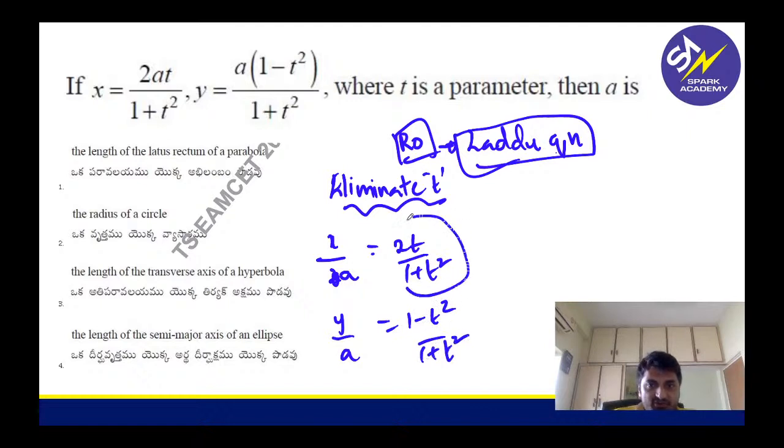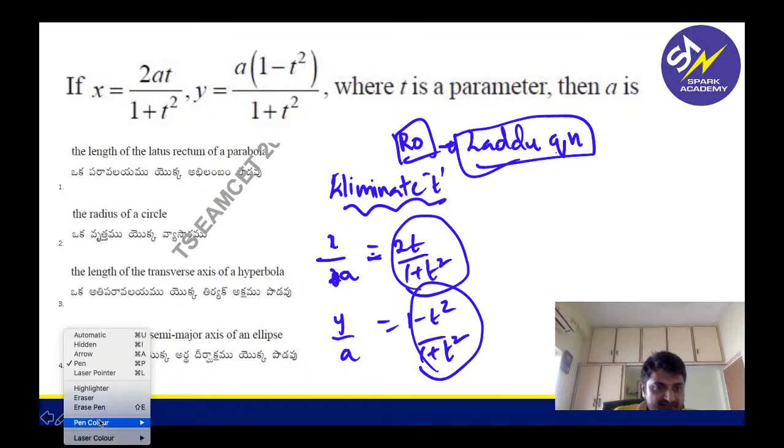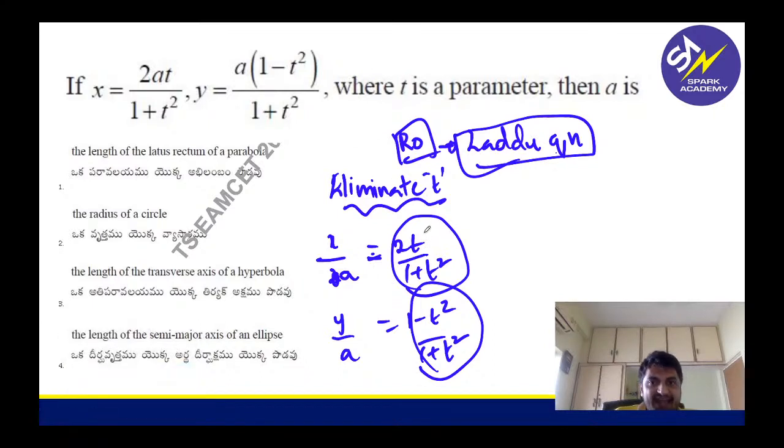Now, isn't this looking like some trigonometry formula for you? Which formula is that? If I take t as tan theta, 2 tan theta by 1 plus tan square theta is what?